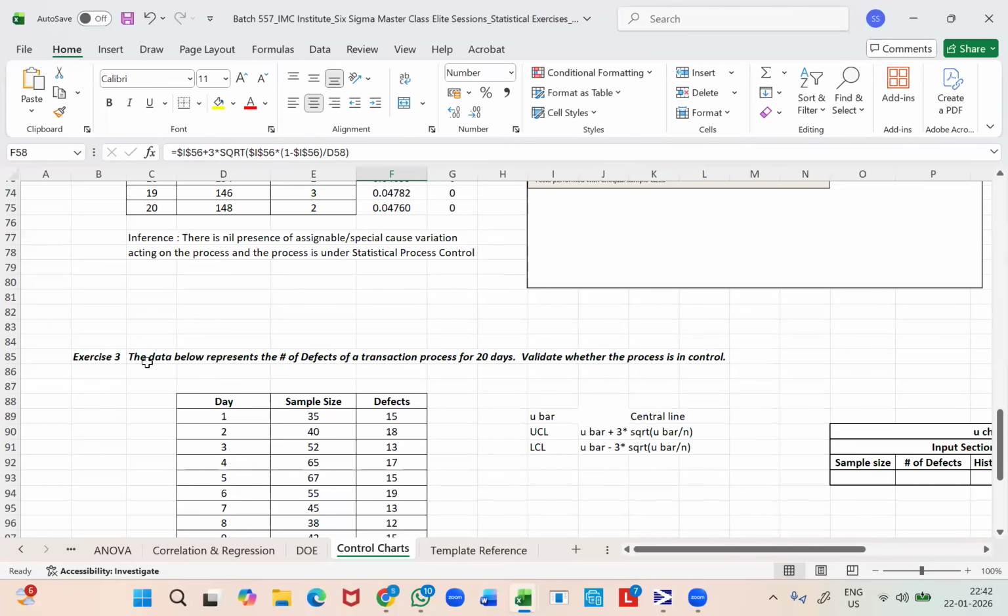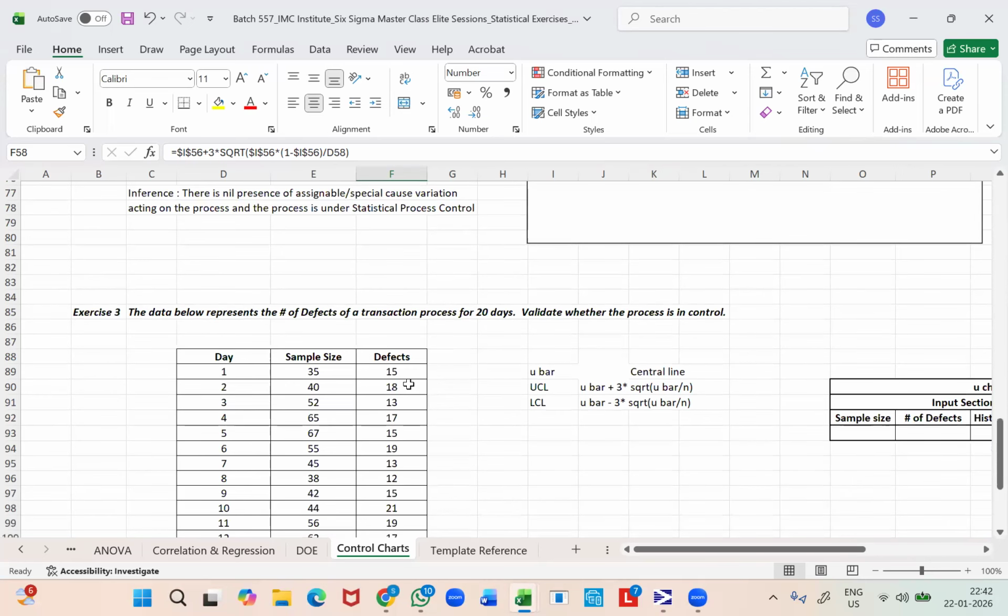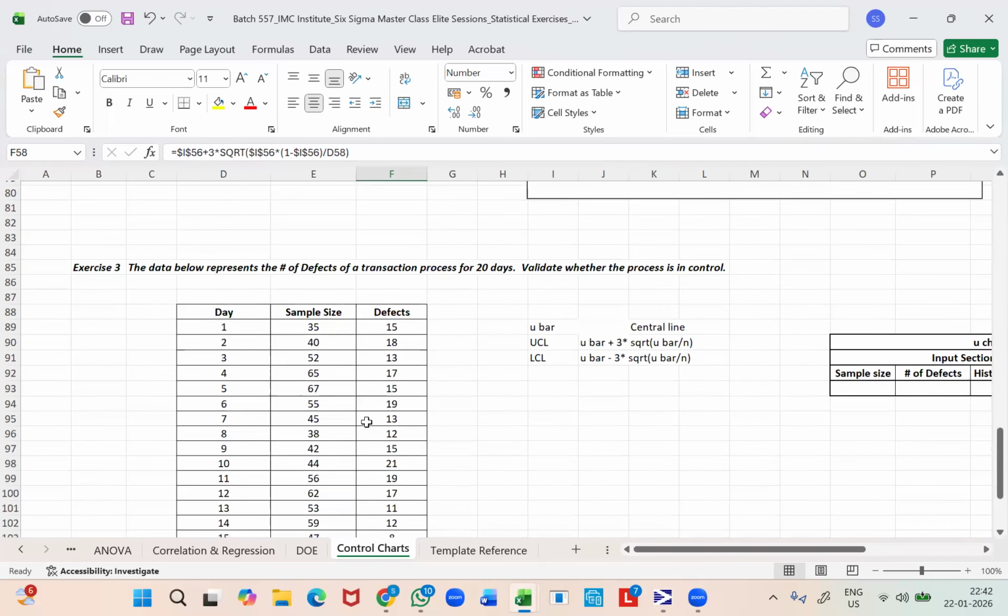It says the data below represents the number of defects of a transaction process for 20 days. So we need to plot the defects data with a varying sample size. If it is a constant sample size, then we would need to use C-chart for that scenario. But if it is a varying sample size, we need to use U-chart for this scenario, right?